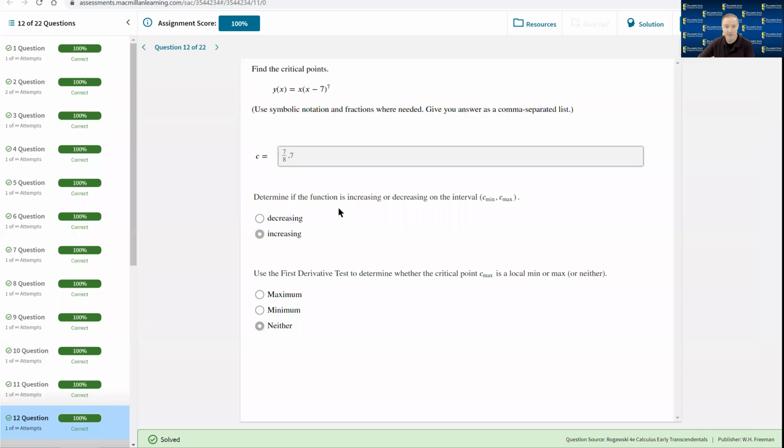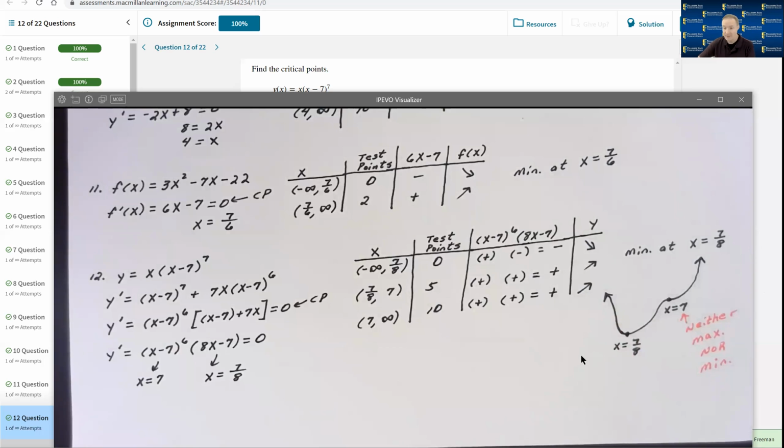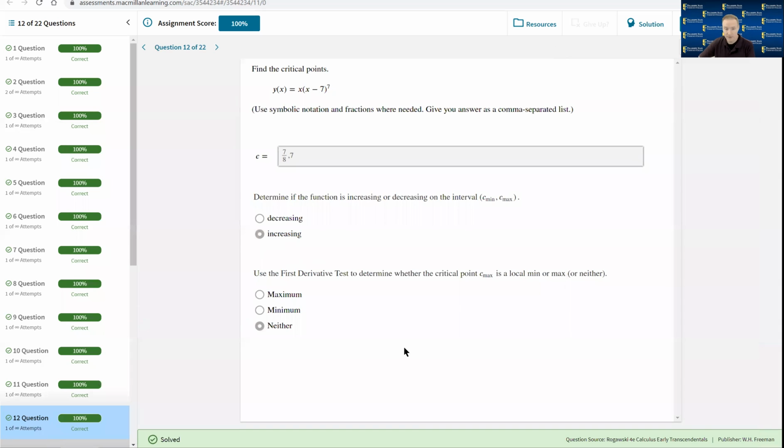So I go in here and I can say my critical points are 7 over 8 and 7. Determine if the function is increasing or decreasing between the minimum critical point and the maximum critical point. Please make sure you understand what they're asking there, Cmin to Cmax. Well, what's happening between the minimum critical point and the maximum critical point? The function's increasing. So I can say increasing there.